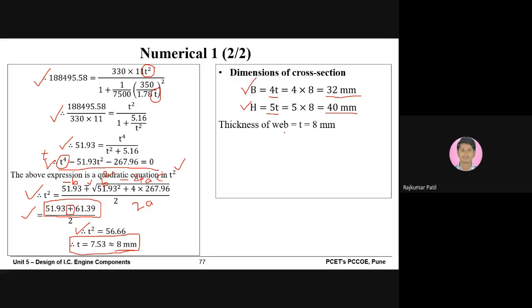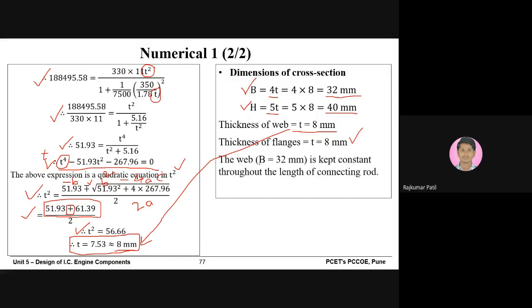Then the thickness of the web: as we just saw, it is 8 mm only, because for the I section we assume that the thickness is the same all over the cross section area. So the upper web and lower web thickness will be the same, 8 mm. Thickness of the flange is 8 mm. Then the width of 32 mm is kept constant throughout the length of the connecting rod.